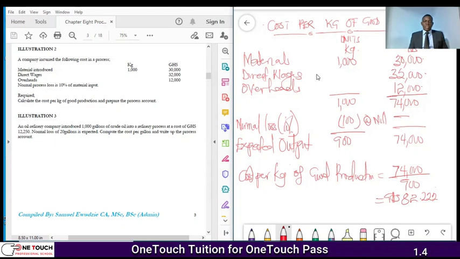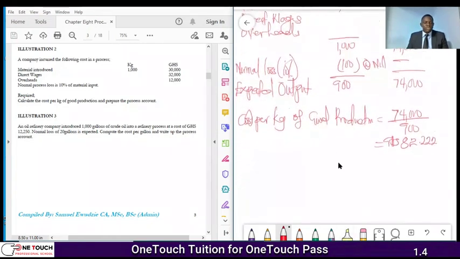Because 100 is a loss, and we have assigned the cost of the 100 to the remaining 900 units, the unit cost will be high. But where the normal loss can be scrapped, we can use the scrap value to reduce the total cost, so that the remaining units wouldn't be that overpriced. Good.